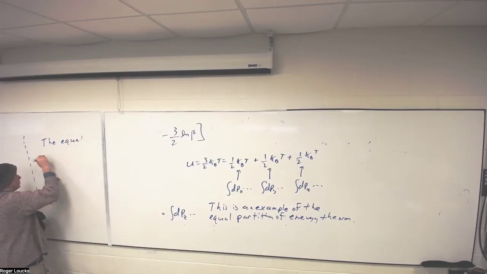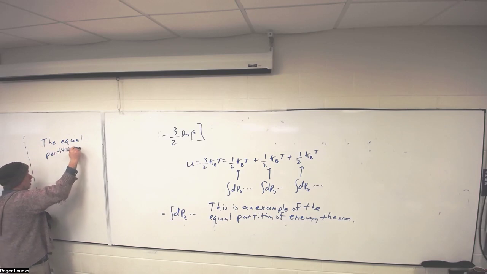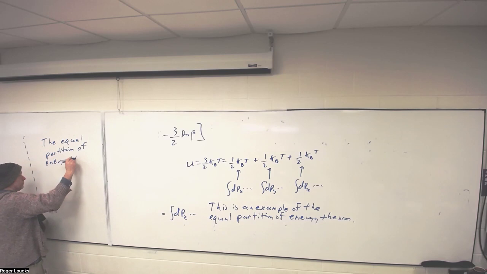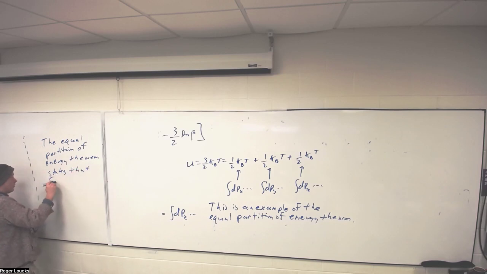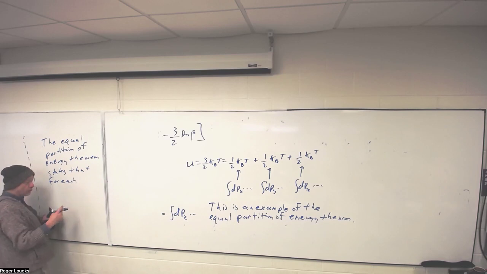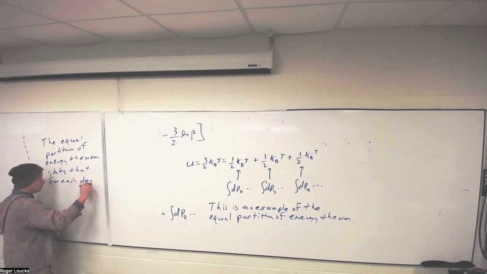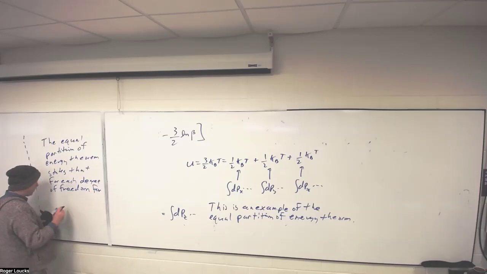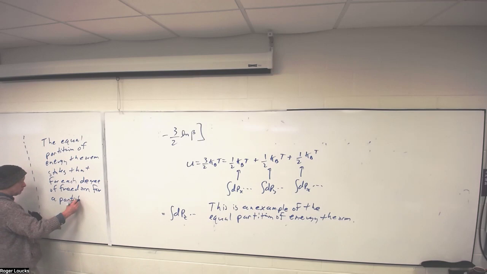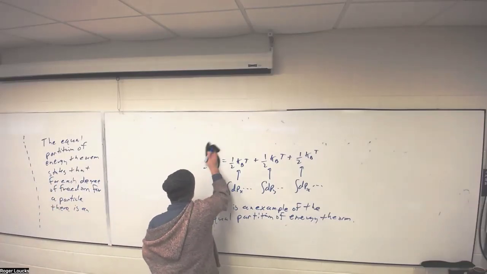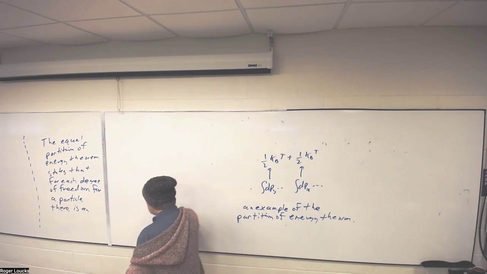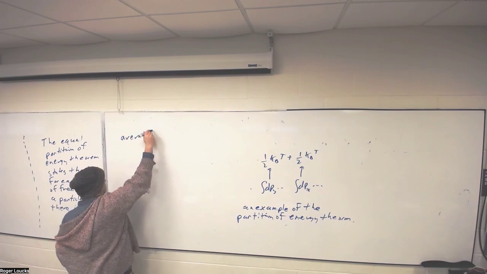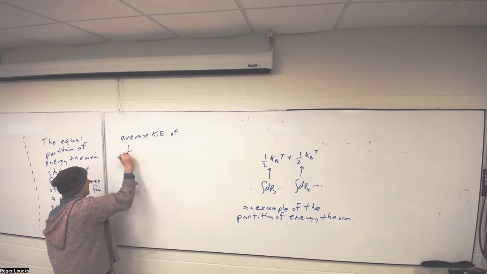The equipartition of energy theorem states that for each degree of freedom, and I haven't defined that yet, although probably most of you already know it, for each degree of freedom for a particle, there is an average kinetic energy of 1/2 kBT.